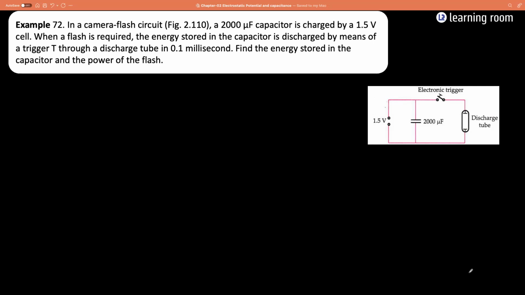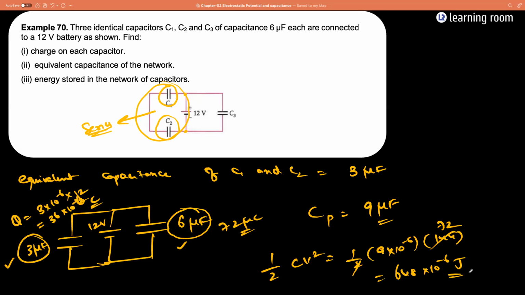Sir, can you show the previous slide? Sir, the charge on each capacitor, here you wrote 36 into 10 power minus 6.